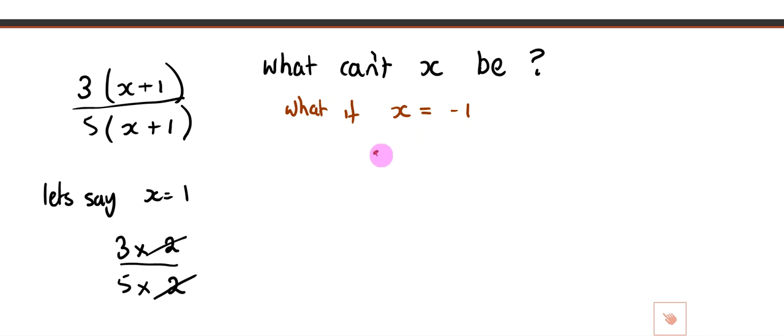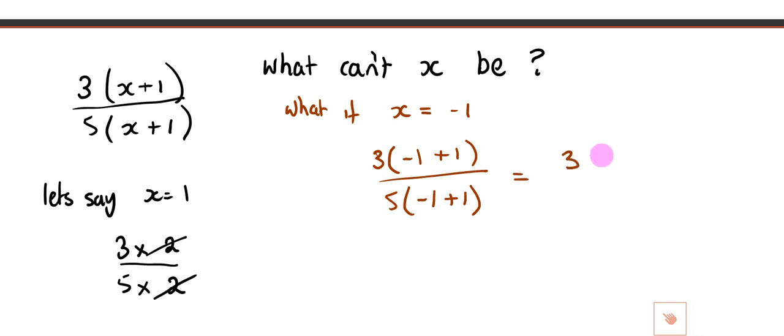What if I just chuck x in and then try and simplify? Let's say you happen to pick the wrong number. You go, alright, x is -1, so 3 times (-1) plus 1 over 5 times (-1) plus 1. That would be 3 times 0 over 5 times 0, which equals 0 over 0.